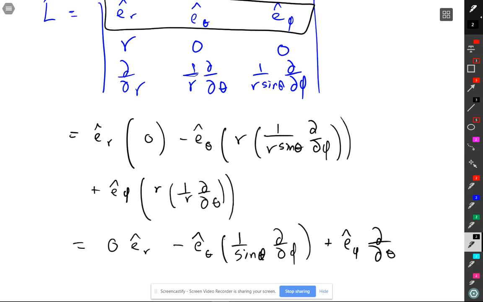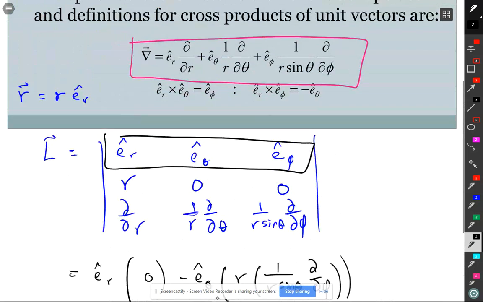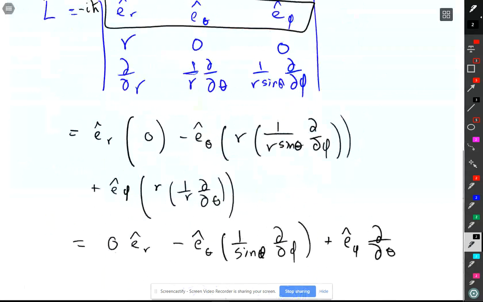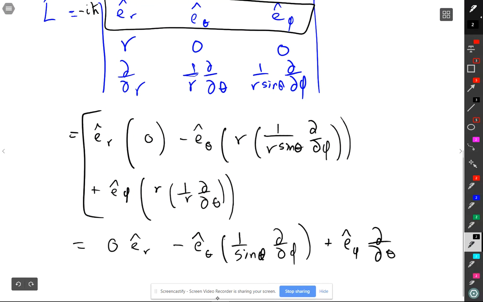I'm looking at the textbook and it has r cross theta, r cross phi, and then on the next page it has what I have. Except for one thing. What did I forget? I forgot the minus i h bar. And so that means everything here is times minus i h bar, and everything here is times minus i h bar.